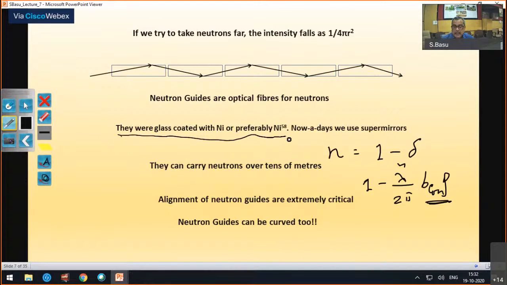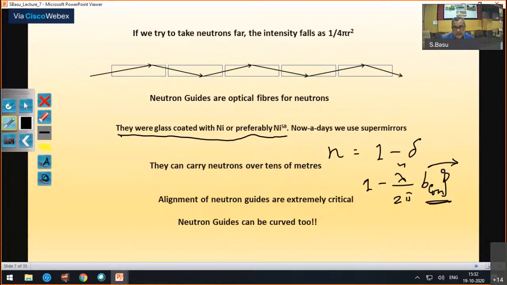Ours is natural nickel, but nickel 50 will be preferred because that has a large b coherent. Basically, this is an example of diffraction similar to what you observe in optical diffraction. As I told you, diffraction always needs coherence between the waves coming from one part to another part to cause this diffraction.